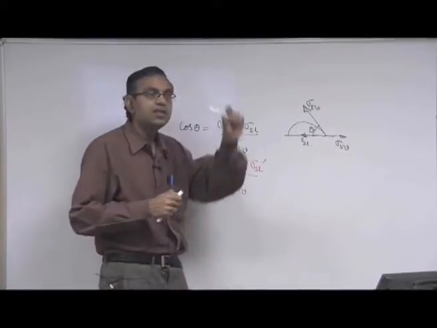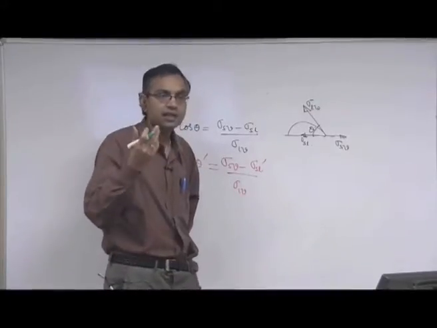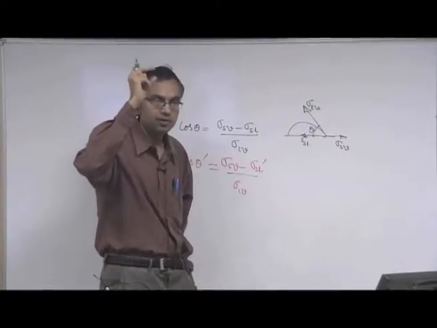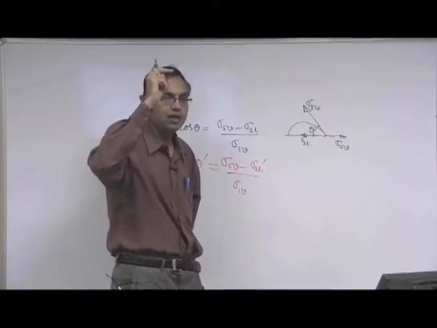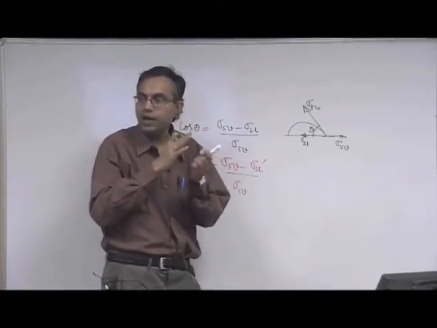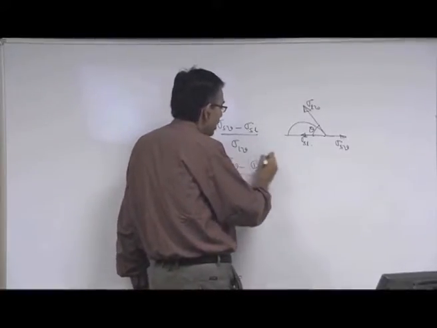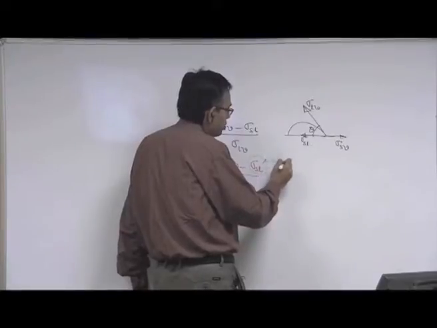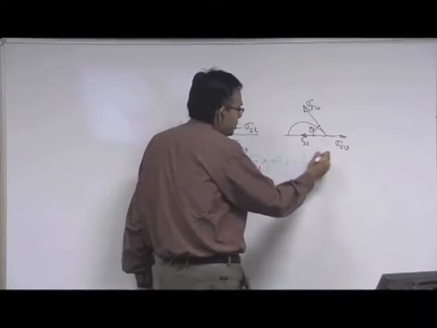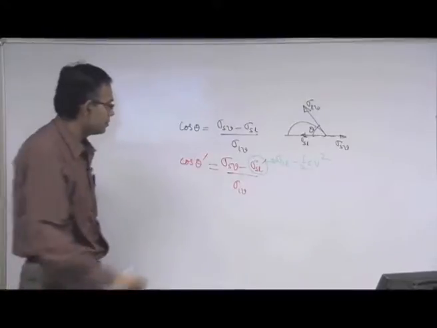So remember the insulator acts like a capacitor, and you can find out the capacitance how? It is like a parallel plate capacitor, epsilon by d. So if you know the permittivity, then you can find out the equivalent capacitance as epsilon by d, just like the parallel plate capacitor formula. So sigma SL dash is equal to sigma SL minus half CV square, where V is the voltage that is applied.